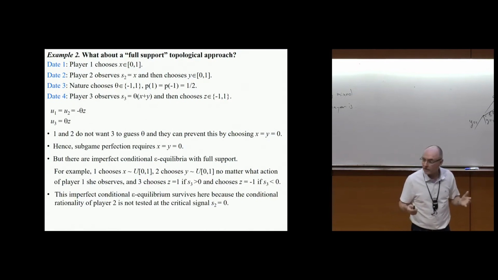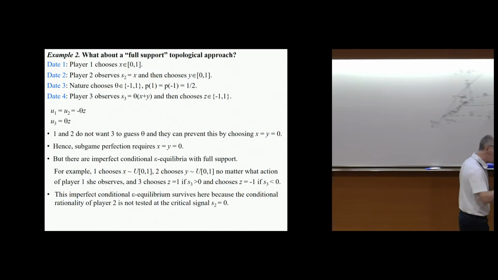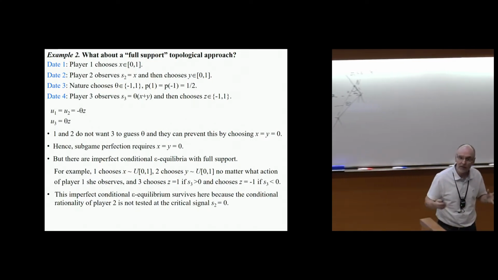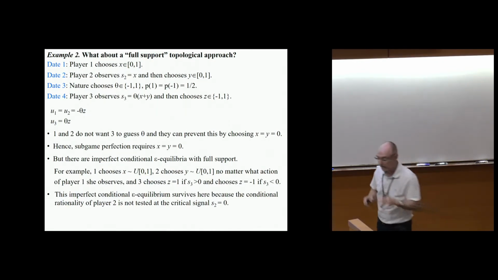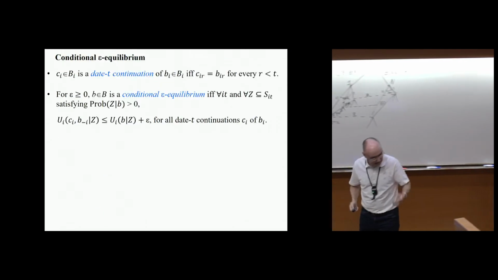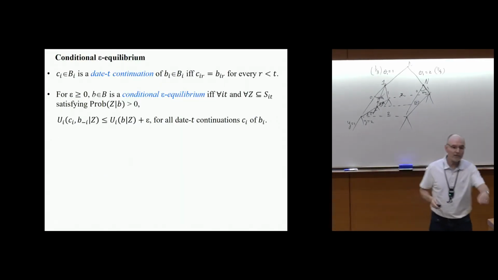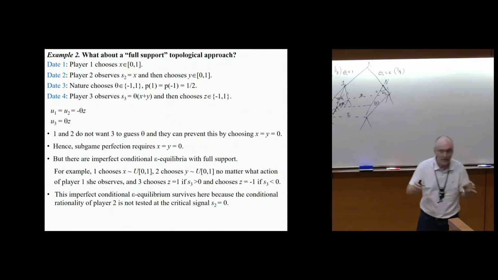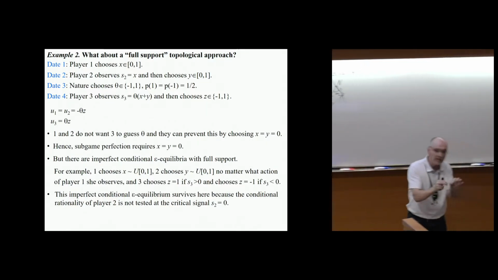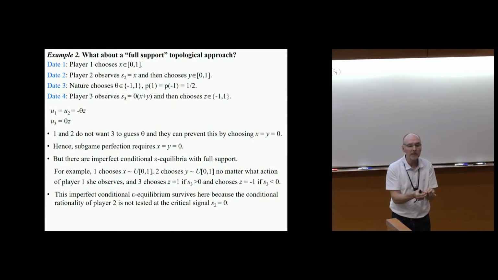I mean, we can't do game theory that way, right? We can't first solve the game and then figure out what to do. I can come up with all kinds of examples that would make that exercise very complicated. So the moral of this example is that you really have to check every signal itself. To do that, you have to perturb the game in a way that gives every signal positive probability.